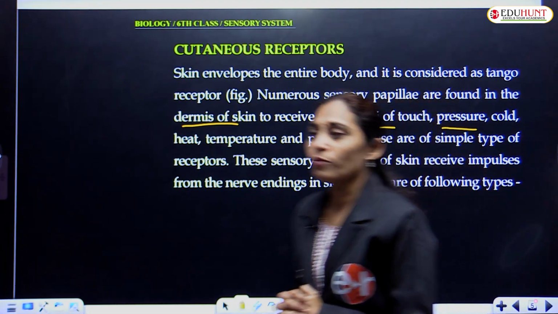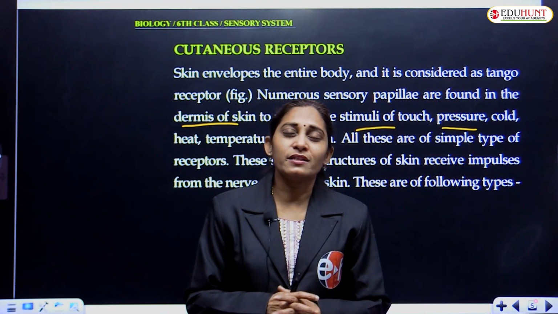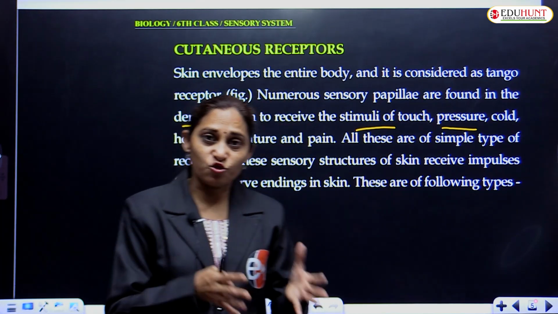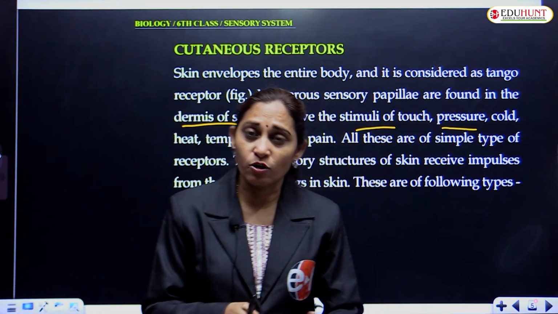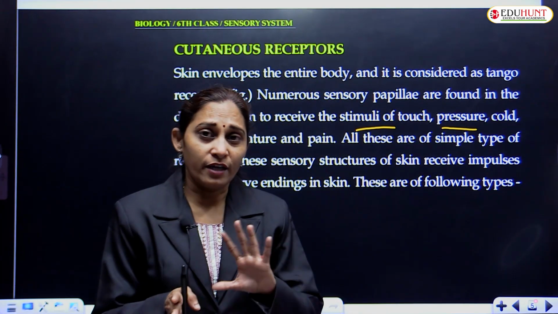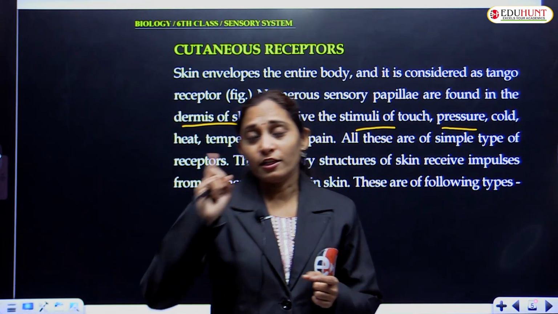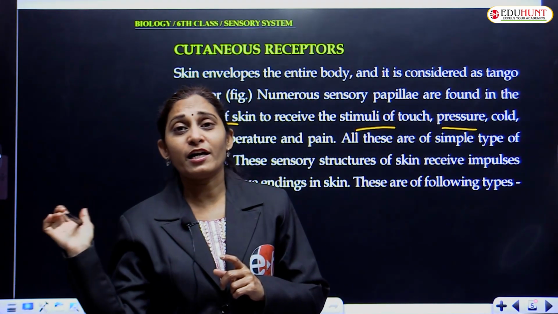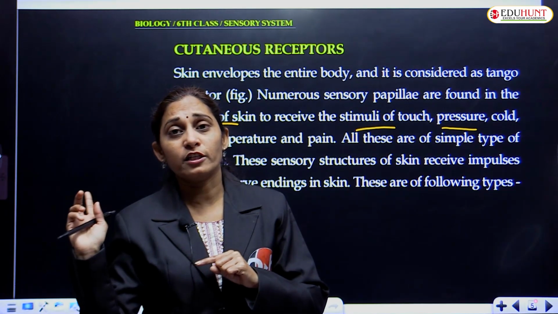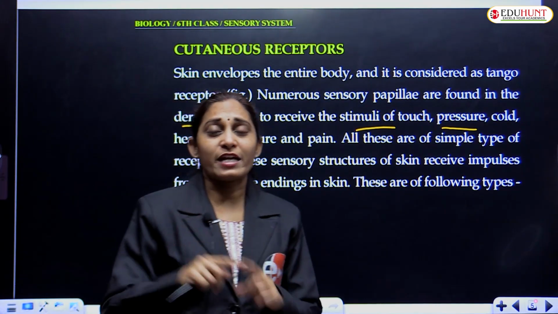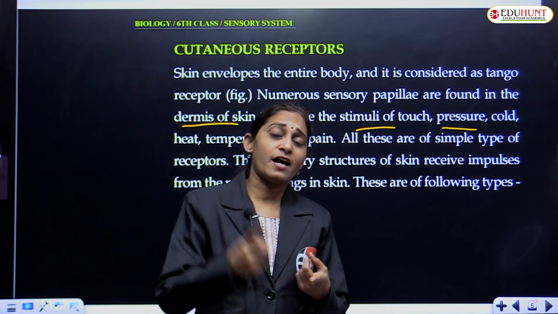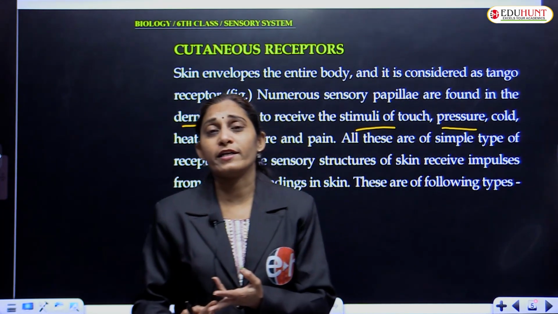As we said earlier, sensory organs are not isolated or independent structures. There must be a coordination between the sense organ, the nervous system, and even the chemical coordination, the release of secretions by the glands, whether they are exocrine glands or endocrine glands.